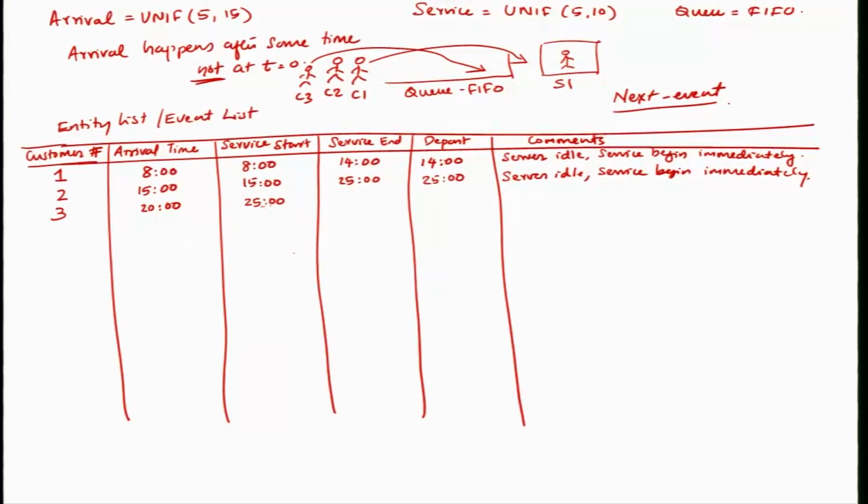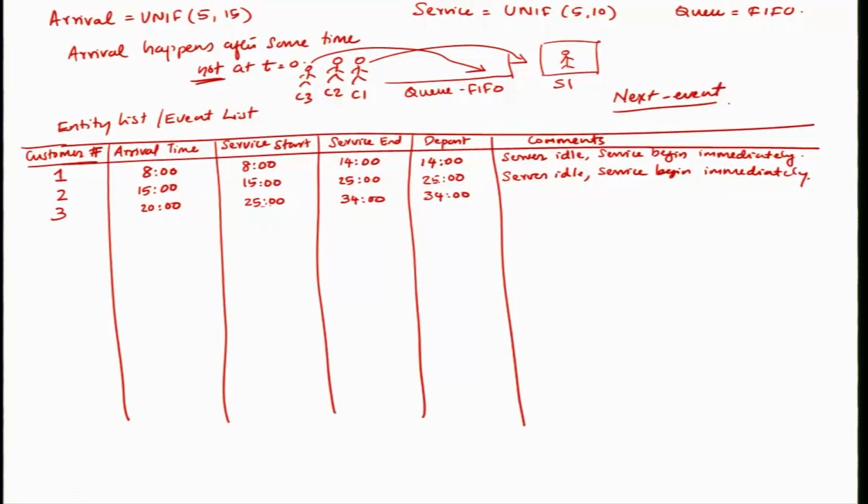So, service will start at 25, and let us sample another value of the service time, say 9 units. The service will end at the 34th minute, and this guy will depart at exactly 34.